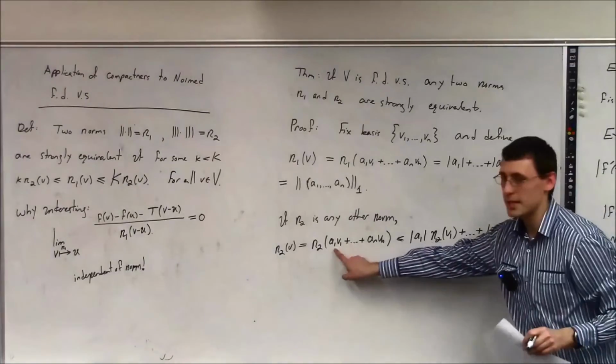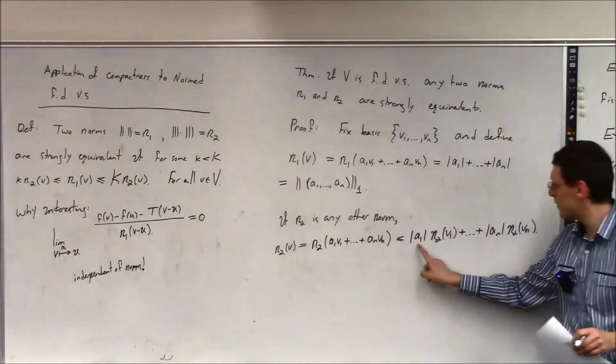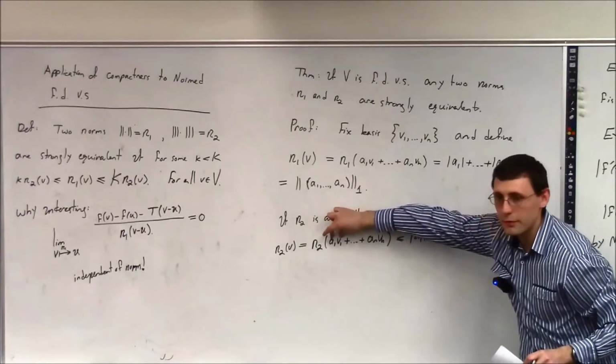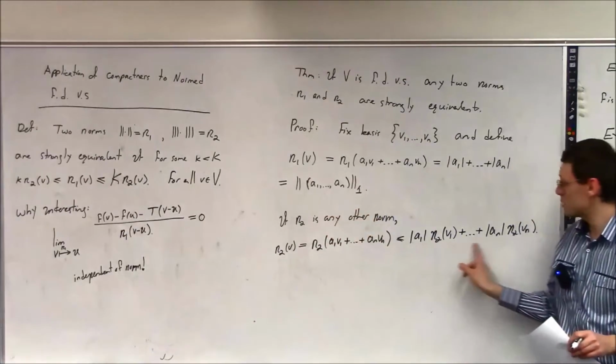What I did here is I just used the triangle inequality on norms, and I factored out the scalars, since the norm of this piece is just the absolute value of a1 times n2 of v1.